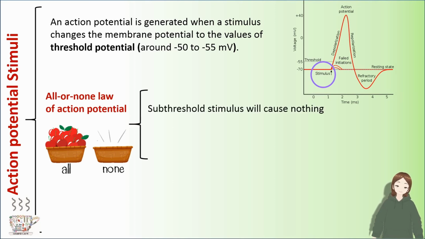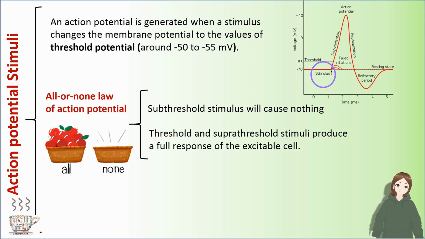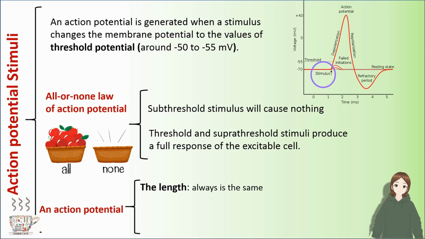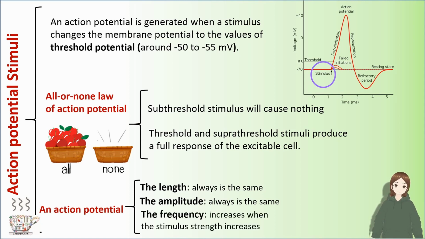In this law, subthreshold stimulus will cause nothing, and threshold and suprathreshold stimuli produce a full response of the excitable cell. The length and the amplitude of an action potential always are the same, but the frequency of an action potential increases when the stimulus strength increases.